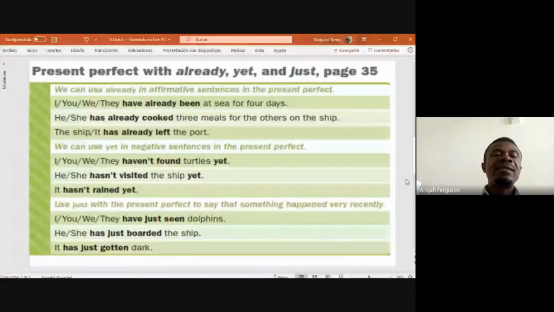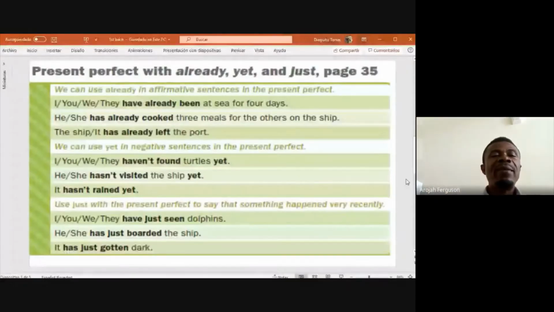Okay, if you look at the example, we have haven't, hasn't, haven't. They are all in the negative form. And it's the same as the first one. After these auxiliary verbs, the main verb is in the past tense, before the yet comes.